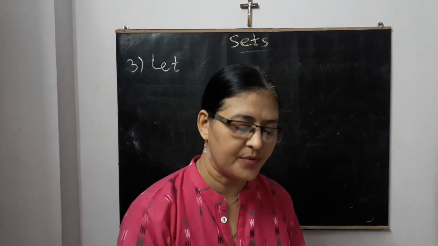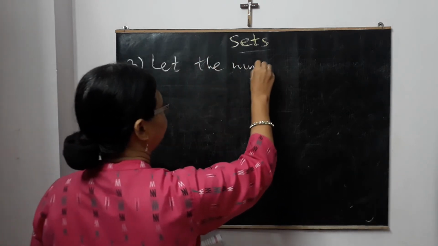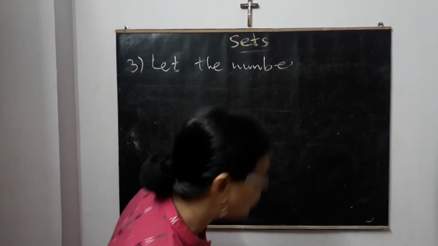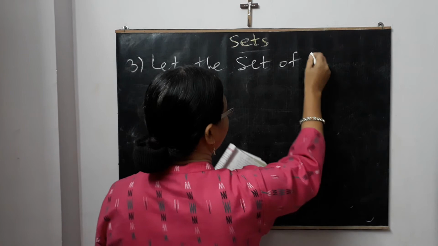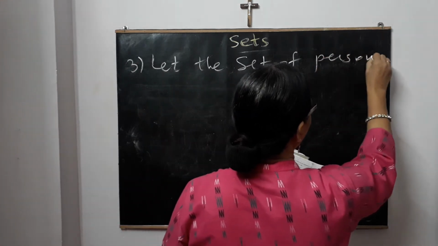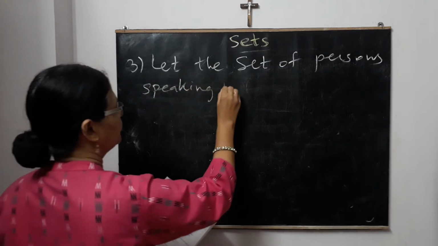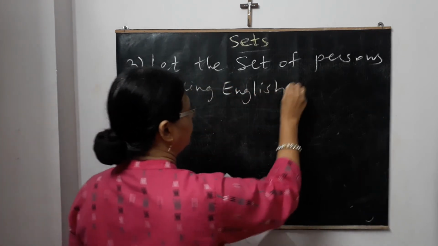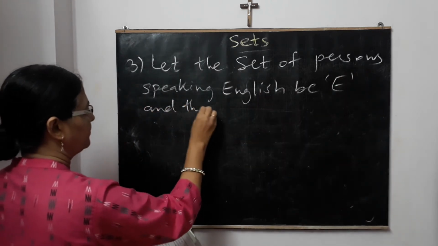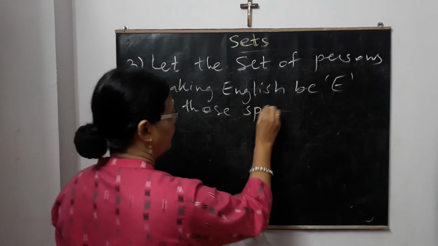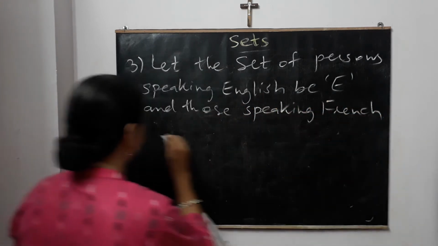E is English, so we'll take E, and French is F. So let the set of persons speaking English be E and those speaking French be F.